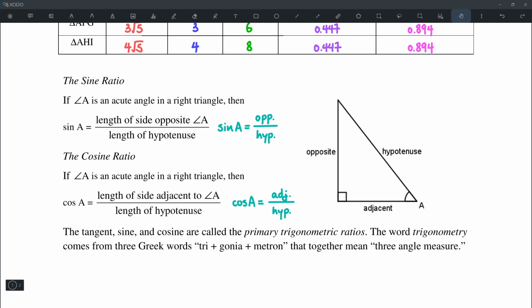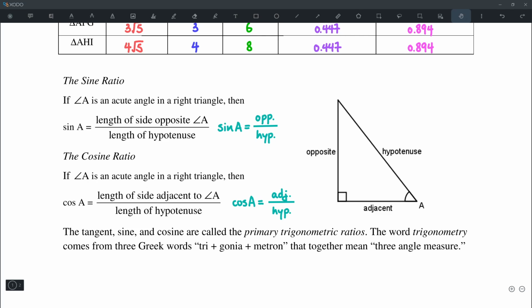So with the tangent, sine, and cosine ratios, those three are collectively known as the primary trigonometric ratios. The word trigonometry comes from three Greek words that together mean three-angle measure.